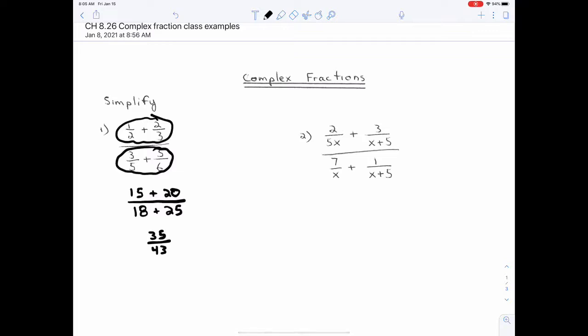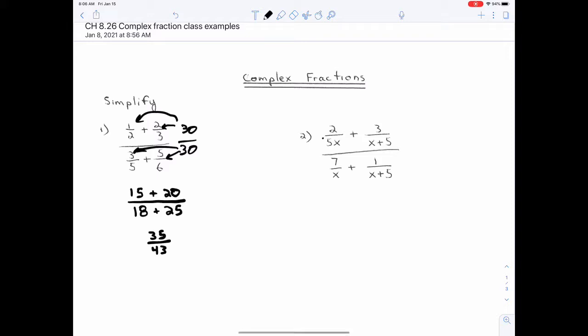Just make it one fraction on top, one fraction on the bottom, and then just divide them. But this is actually a lot faster, especially as the problems get harder. So the common denominator is 30, so we take 30 over 30, and then we give the 30 to each fraction.